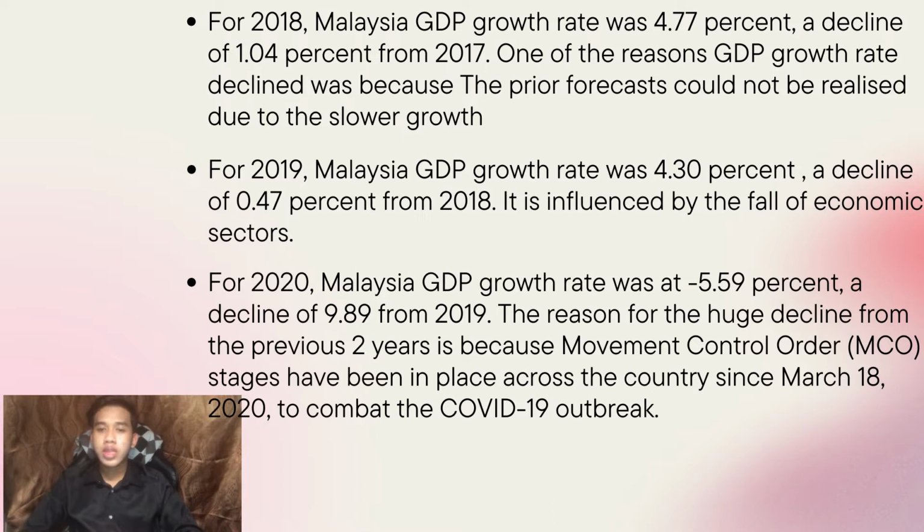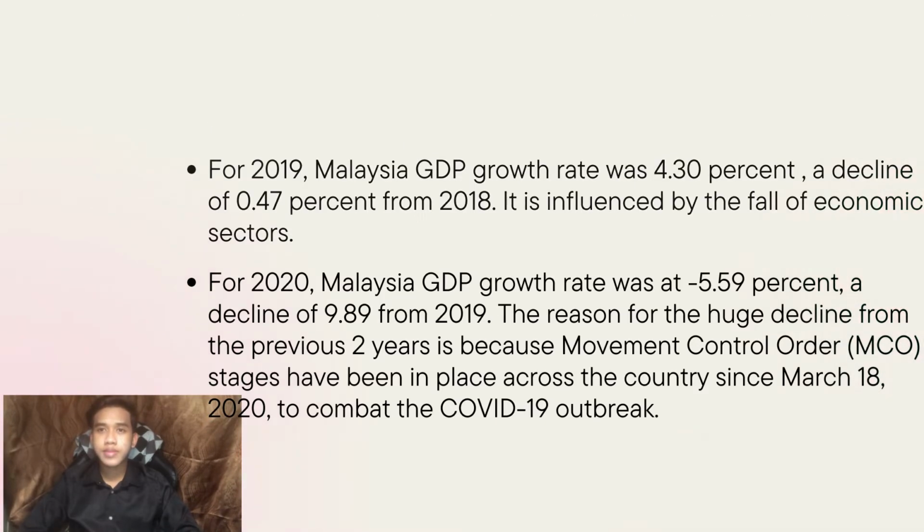For 2020, Malaysia's GDP growth rate was negative 5.59%, a decline of 9.89% from 2019. The reason for the huge decline from the previous 2 years is because movement control order stages have been in place across the country since March 18, 2020 to combat the COVID-19 outbreak.